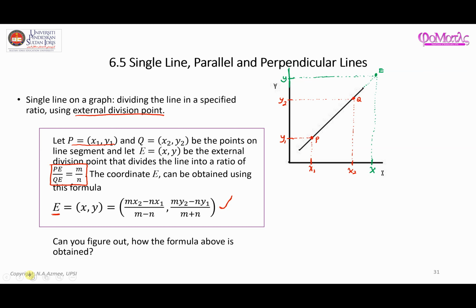So now we have the distance of PE. So this is PE. I'm just going to continue. So this is PE, and with respect to that distance, I can construct a right angle triangle for that.